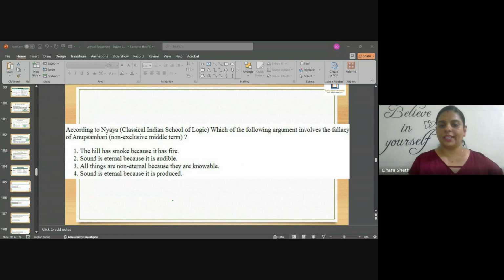According to Nyaya, the classical Indian school of logic, which of the following arguments involves the fallacy of Anupasamhari? Non-exclusive middle term. That means the middle term includes everything. Where does it exclude nothing? 1, 2, 3, and 4.